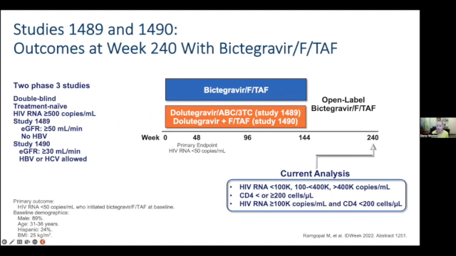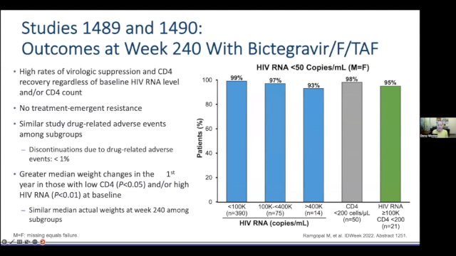They looked at the week 240 data for this analysis, looking at virologic outcomes based on baseline characteristics: if you had a low or high CD4 cell count, and a low or high HIV viral load. I don't think it's surprising to anybody who uses this regimen that rates of virologic suppression were equal among all of these stratifications, and quite good.